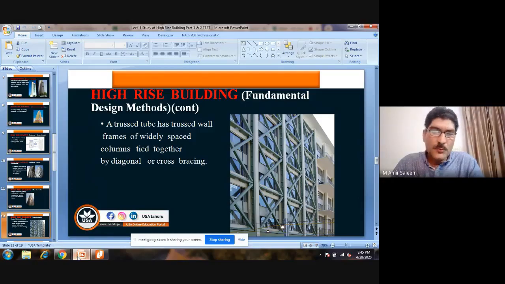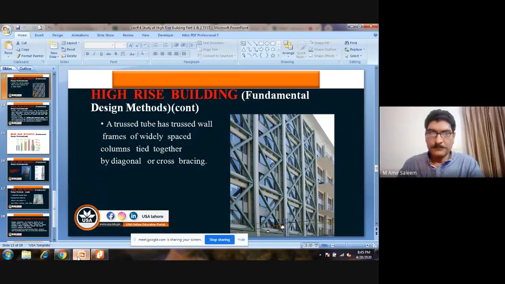So the truss tube is a trussed wall frame of widely spaced columns tied together by diagonal cross braces. In high-rise and long span systems, we use this truss tube method.